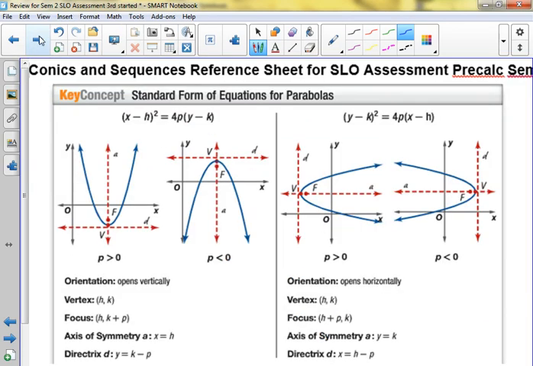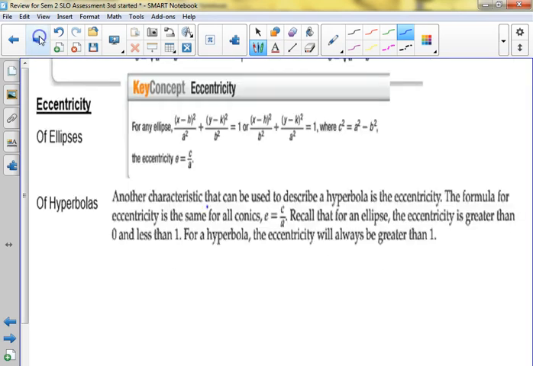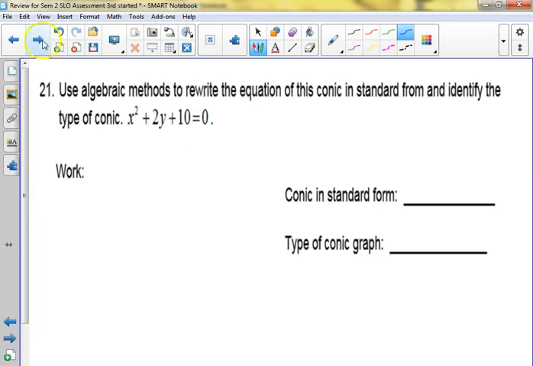All right, then we switch to conics. All right, and eccentricity jazz. Okay, what are we going to do to figure out this one? X squared, I move everything else over to the other side, right?